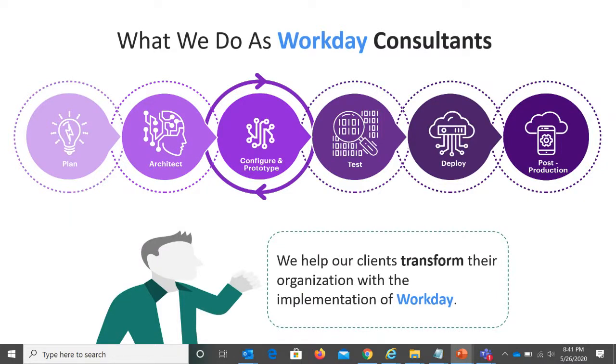Heading over to configure prototype, we do a bit more sessions. In the architect phase, we normally establish the global standard, the global process. If the company is, for example, a huge global company, we then hold separate localization sessions. What I mean by that is we cover each location, and we ensure that they are compliant in terms of local labor requirements and local laws.